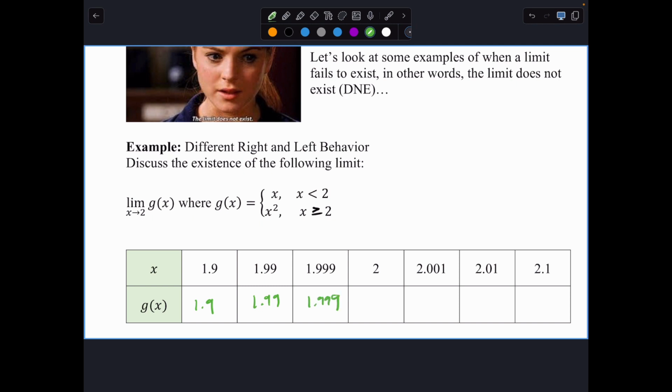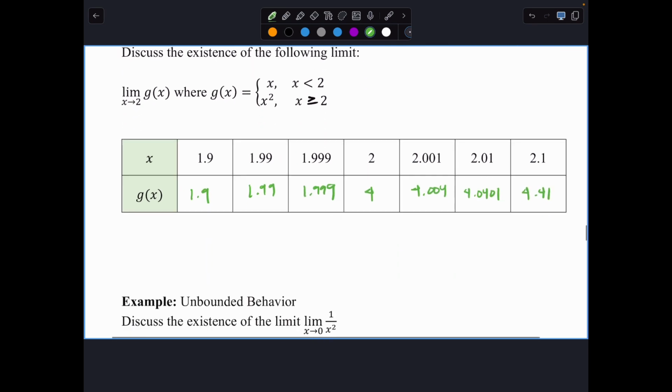Okay, but then if you type in 2, g of 2 is equal to 4, then 2.001, we get 4.004, 2.01, we get 4.0401, 4.41, okay.